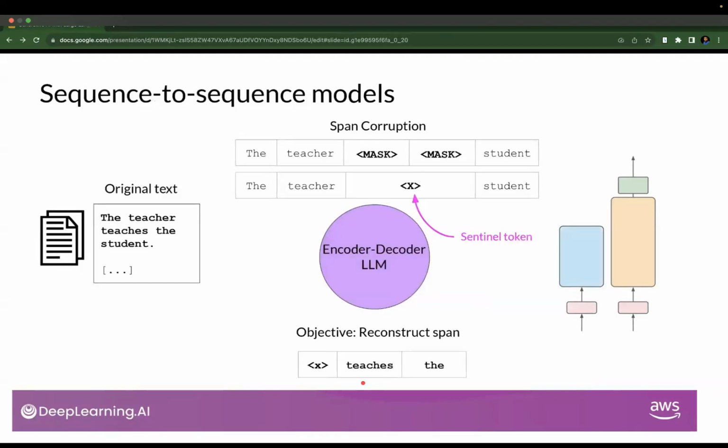And then sequence to sequence models make use of both encoder and decoder. Here, the objective is to reconstruct a range of text, or a span of text.